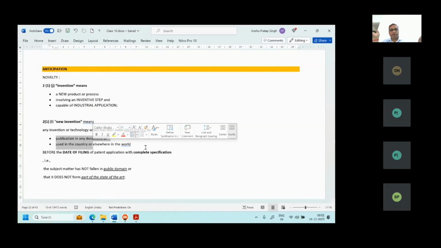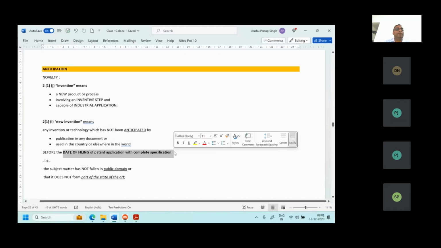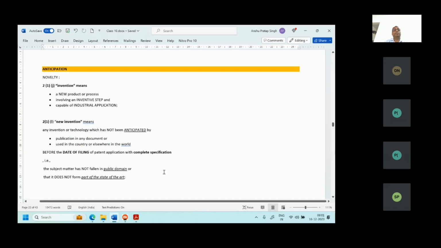And we have a global criterion for this, that we will check globally. What is the threshold? The date of filing a patent application with complete specification. Please remember, the date of filing the complete specification is the criterion. That is the date which is relevant for any invention.